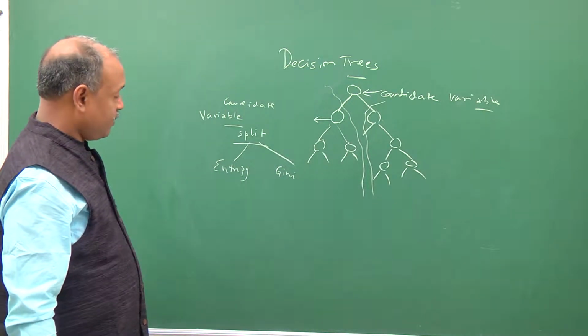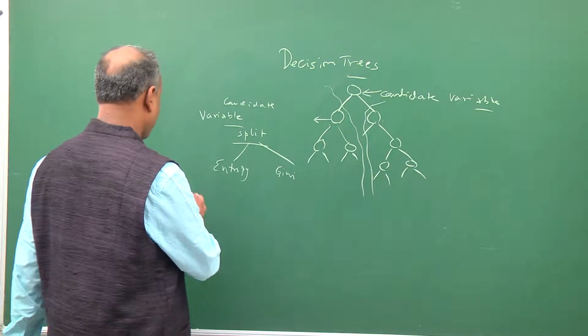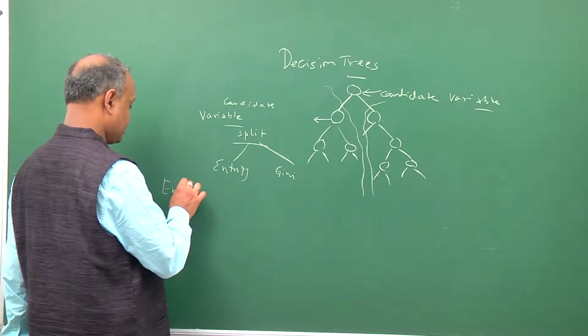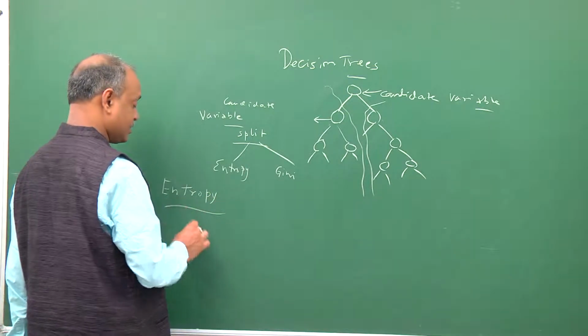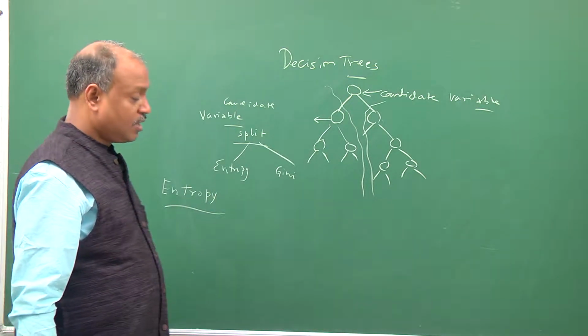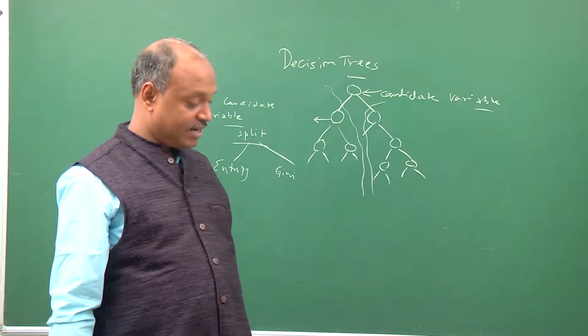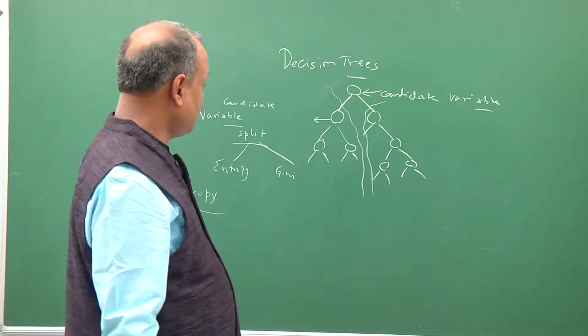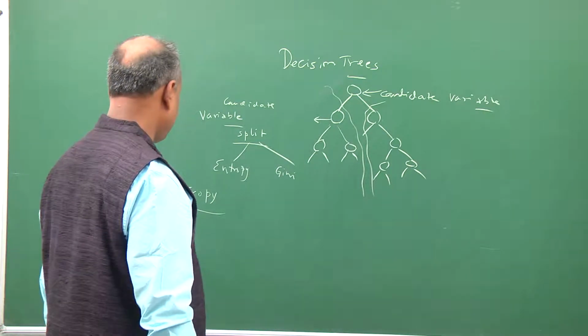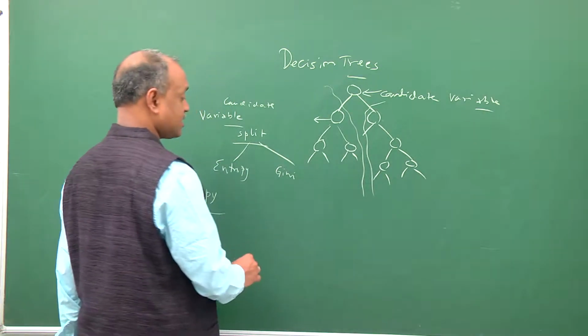Let's look at entropy. Entropy by itself is a universal concept, as we all know from materials and physics. Entropy is a basic idea of how disorderly or orderly a system is. Let's look at it in a sample.